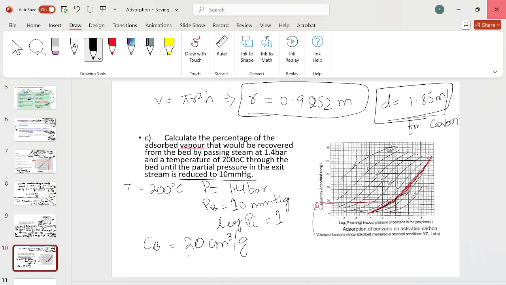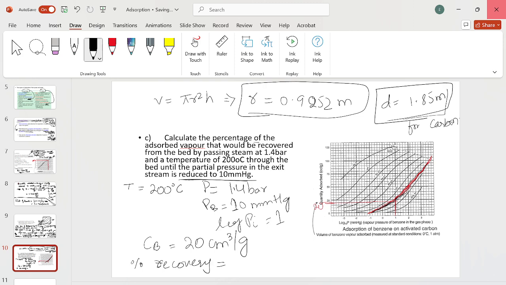So why have I calculated this amount? Because we need to calculate the percentage of adsorbed vapor recovered. So we will just do initial minus final. That's how we will calculate the recovery.